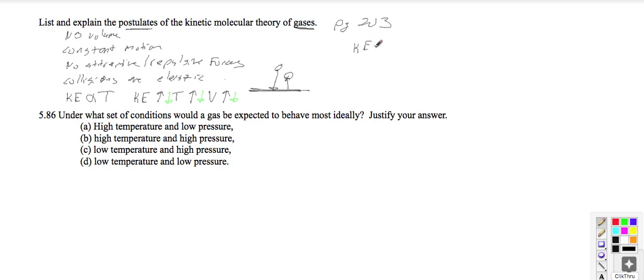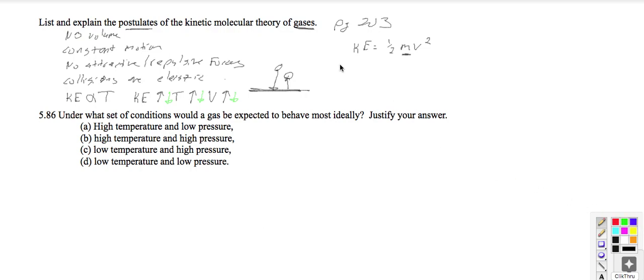Kinetic energy is equal to 1/2 mass times velocity squared. And so we have this equation here that's related to kinetic energy, and the kinetic energy is directly related to temperature. Increased temperature, kinetic energy increases. Now we can also talk about the size of the gas molecules because we have this mass component.